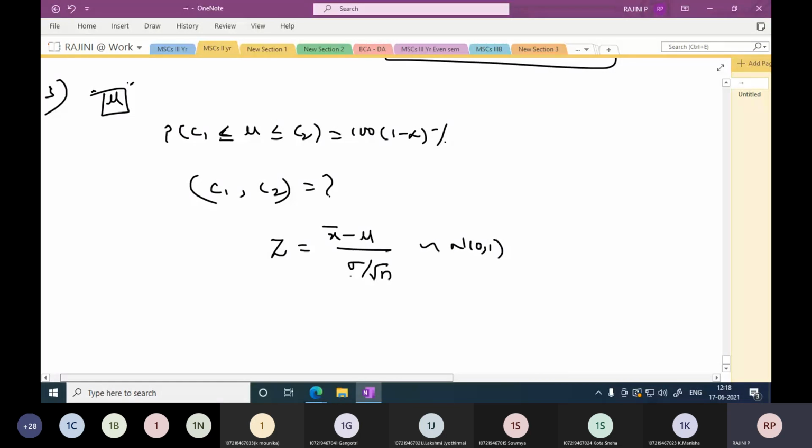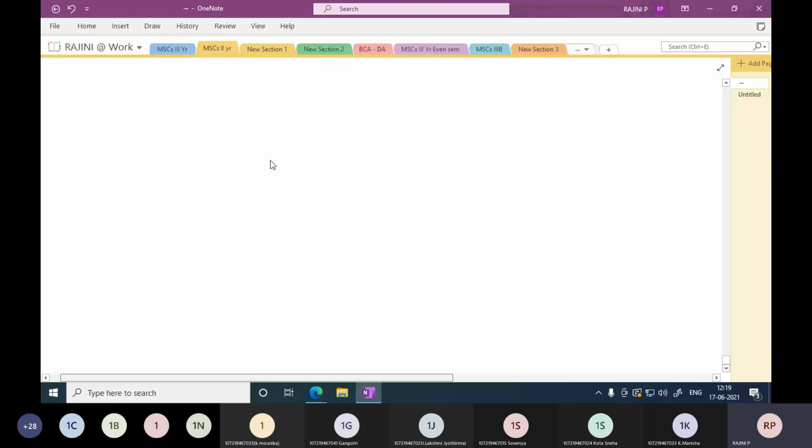Here they are telling you to find the confidence limits for the parameter mu. But did they mention whether it is a large sample or a small sample? No, ma'am. Then you need to take two cases here. Case 1 for large sample, and case 2 for small sample.